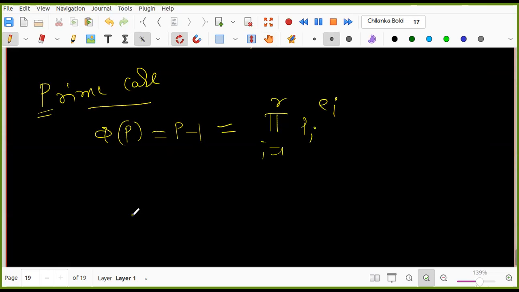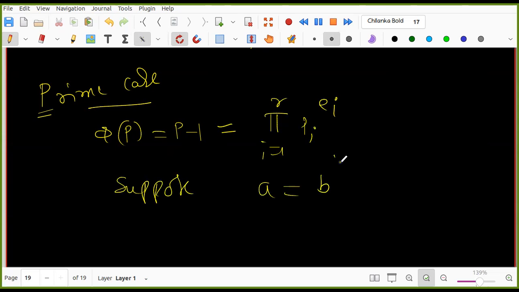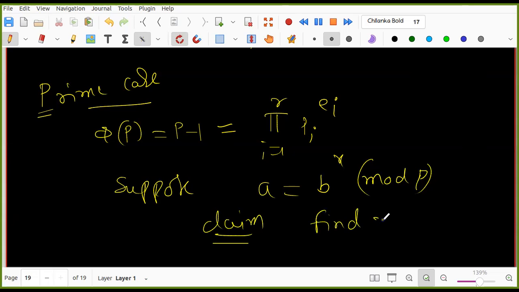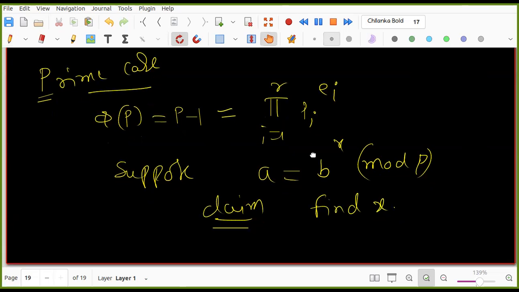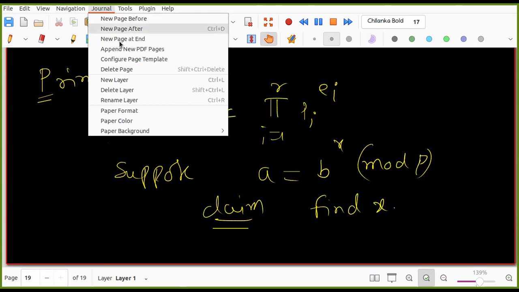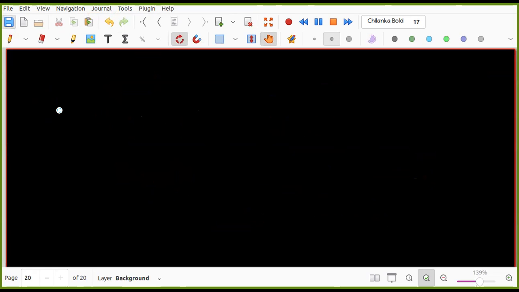So suppose A is equal to B power X mod P. The claim is to find X. How do we proceed?